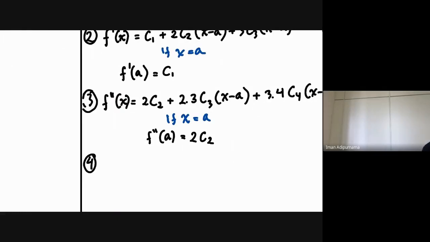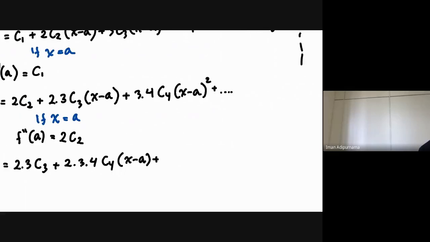Okay, let's do it. I will have this as the last one, the third derivative of f. So this will be 2 times 3, c3, and then plus 2 times 3 times 4, c4, and then plus, maybe the other one will be 3, 4, 5.